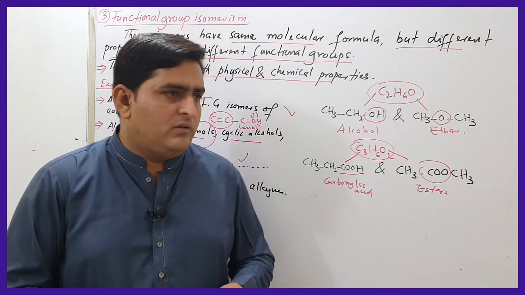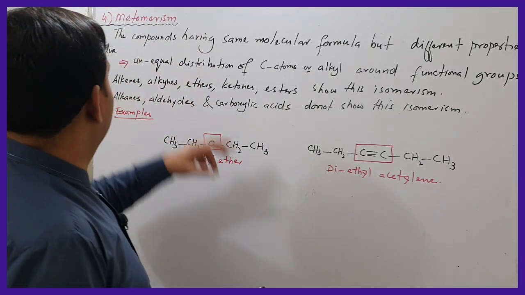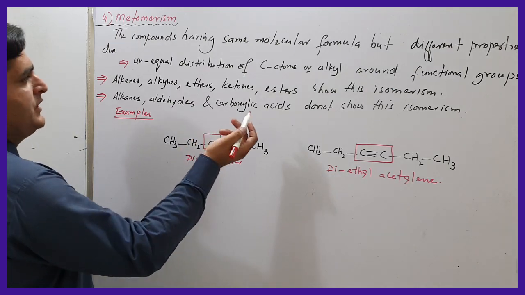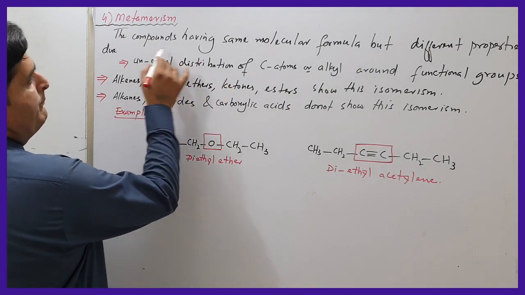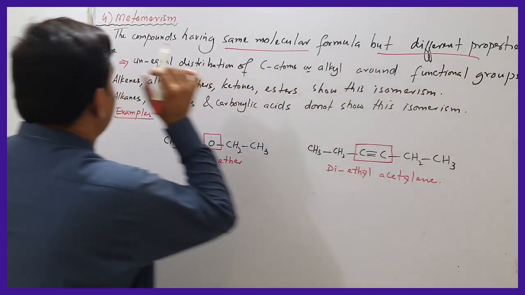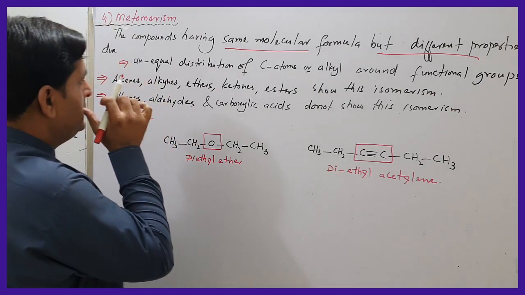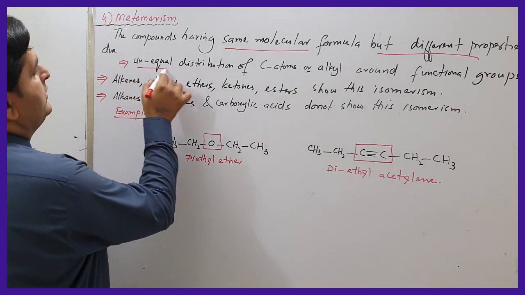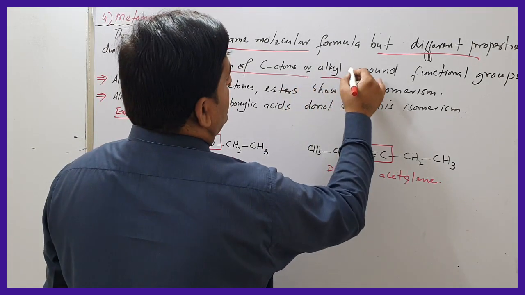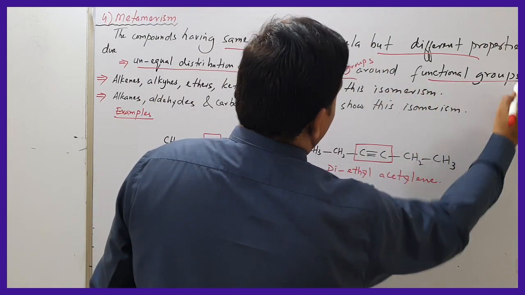Now we will do metamerism. The fourth type of isomerism is called metamerism. Metamerism can be defined as compounds having the same molecular formula but different properties due to unequal distribution of carbon atoms or alkyl groups around functional groups.